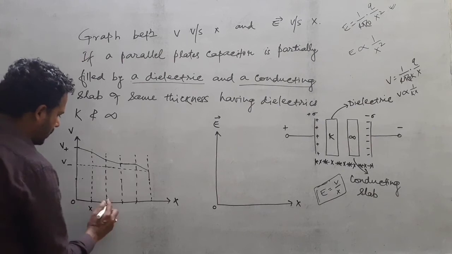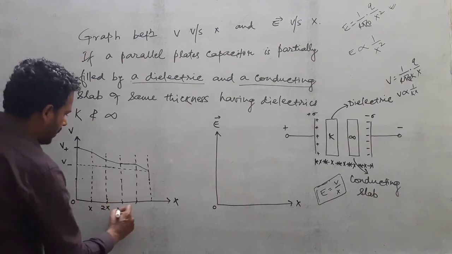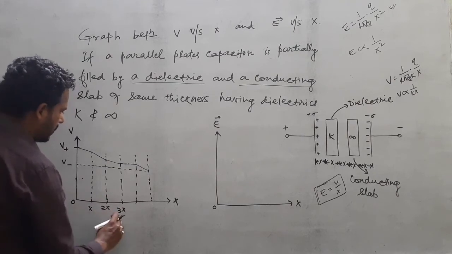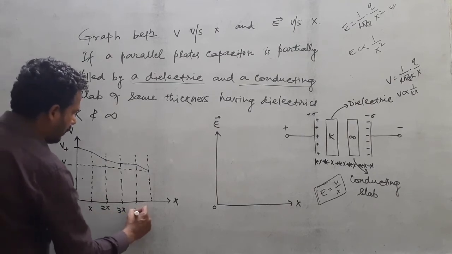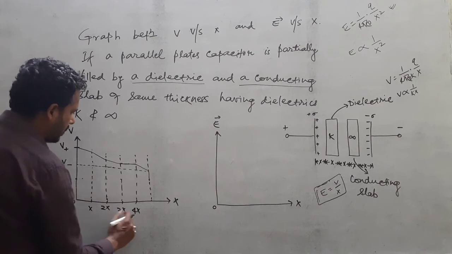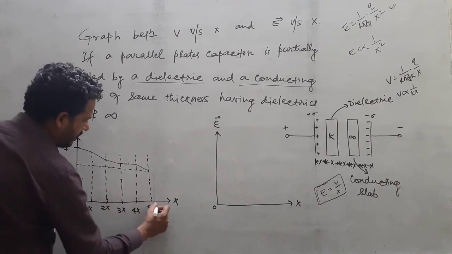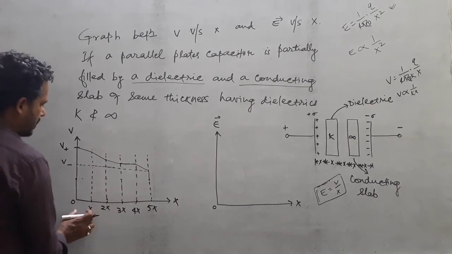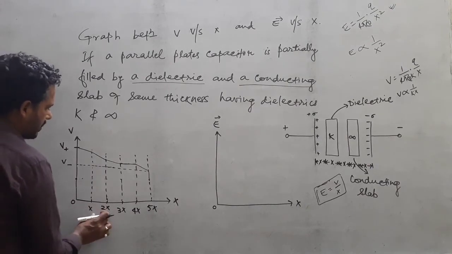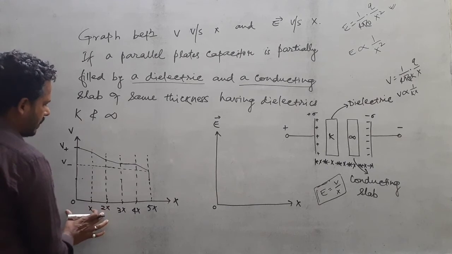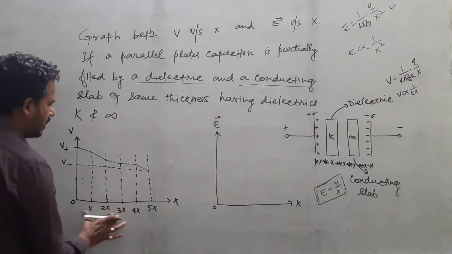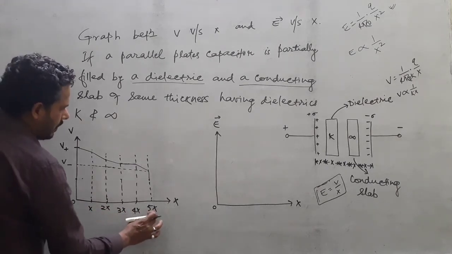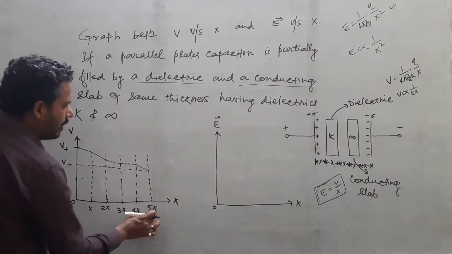Now there is 2x from origin, again 3x from origin, 4x from origin, and 5x from origin. But individually there is x, 2x minus x, again x, 3x minus 2x, again x, 4x minus 3x, again x, and then 5x minus 4x, again x.